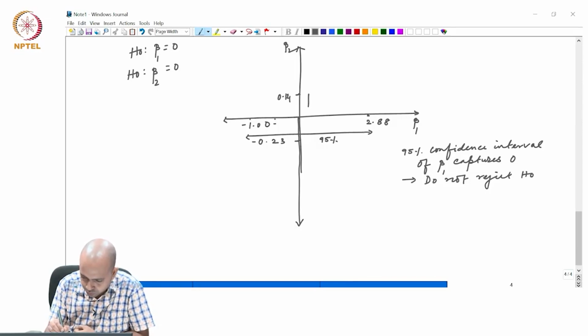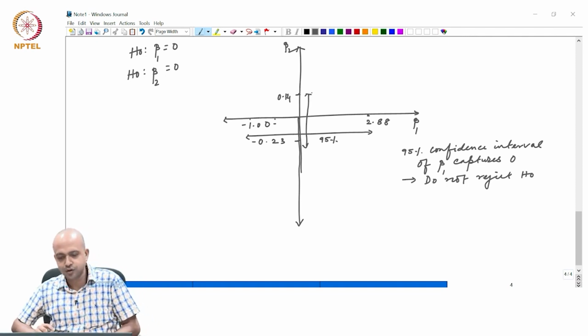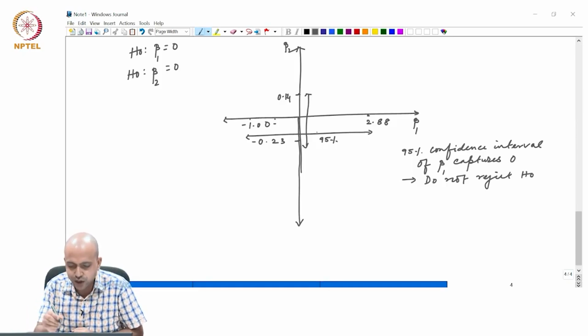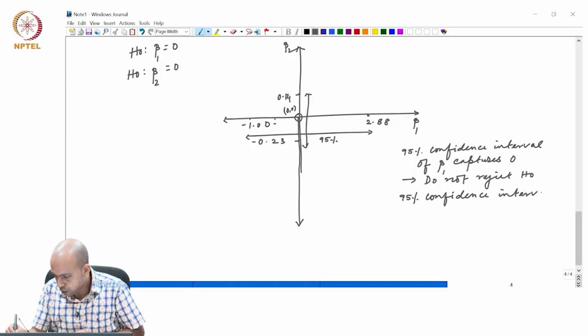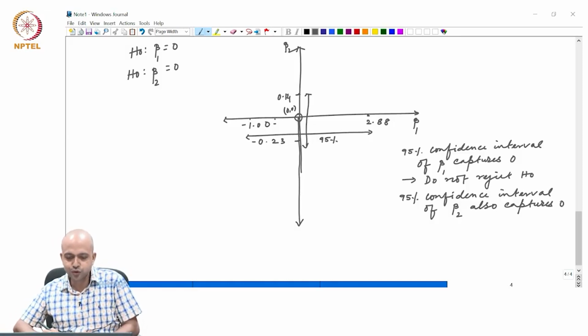So, again if you take this 95% confidence interval for beta 2, that also captures 0. Look at this, it is your 0. So, the 95% confidence interval of beta 2 also captures 0.